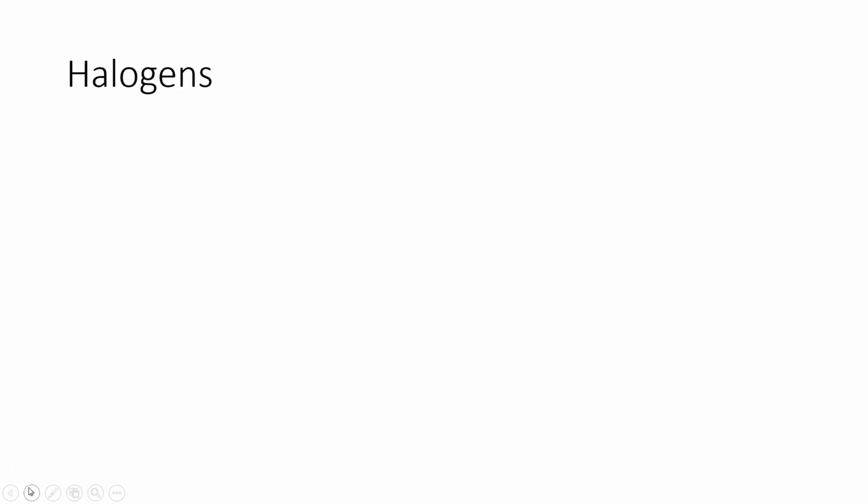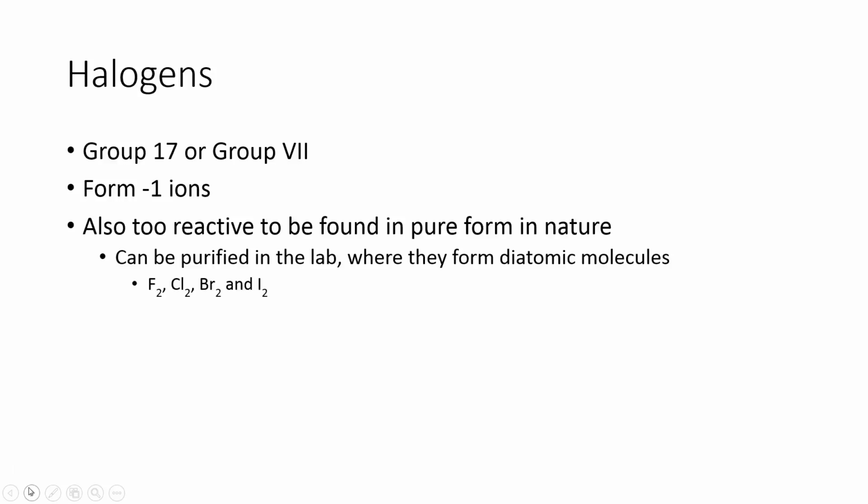Now, skipping over to the other side of the periodic table, we find a group called the halogens. The halogens are found in group 17, or in the old Roman numeral numbering system, group VII. They all form -1 ions.